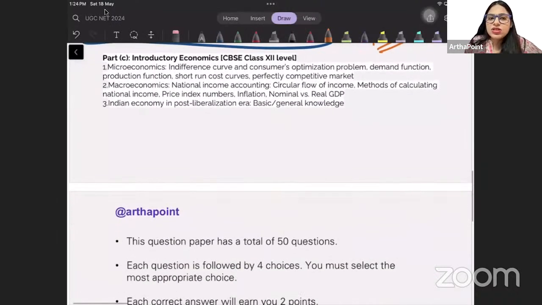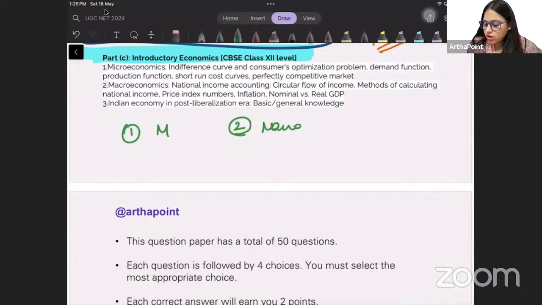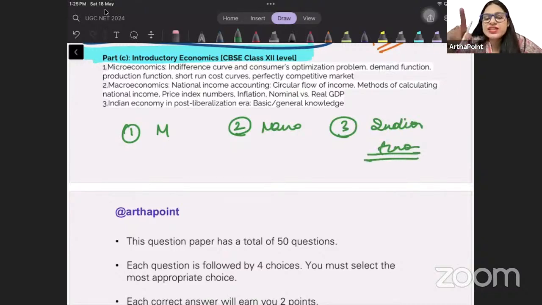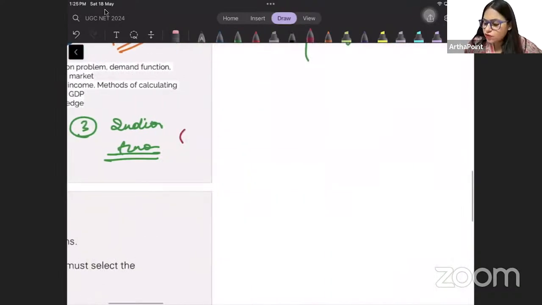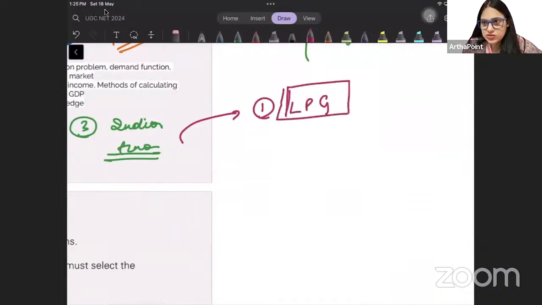Okay. Now let's talk about part C, which is introductory economics. In introductory economics, there are basically three things. The first is micro, the second is macro, and the third is Indian economy. For Indian economy, it says post-liberalization era, which means that first of all, you will revise liberalization, privatization, and globalization policies.